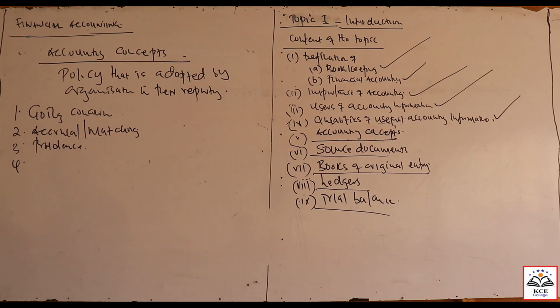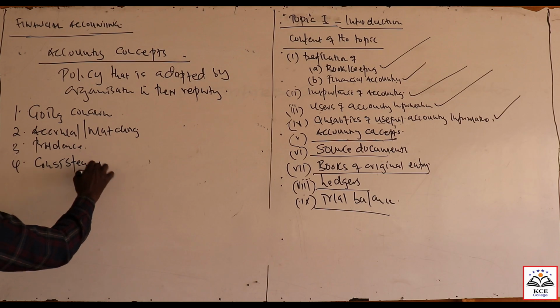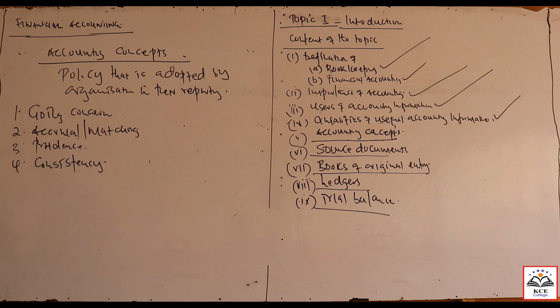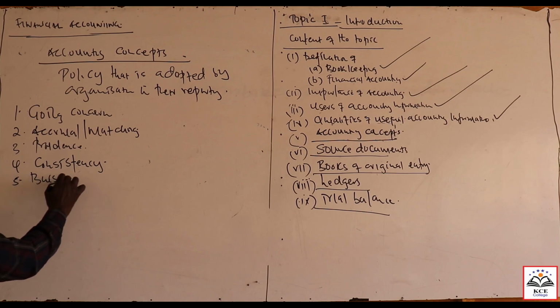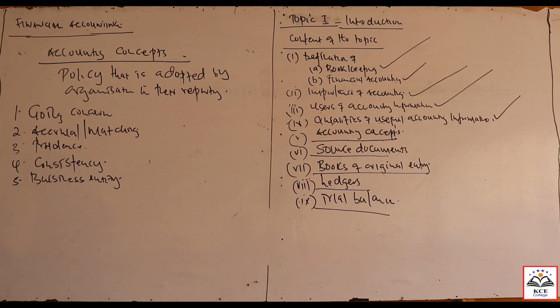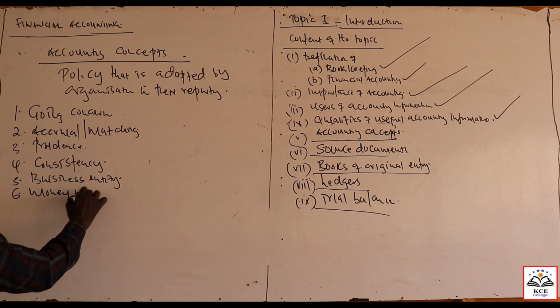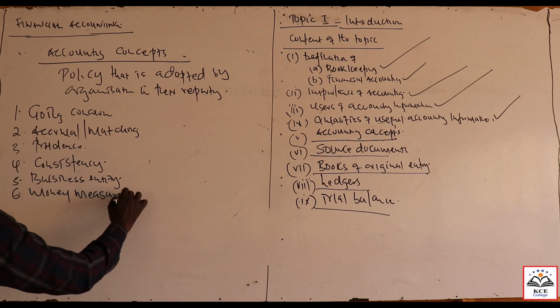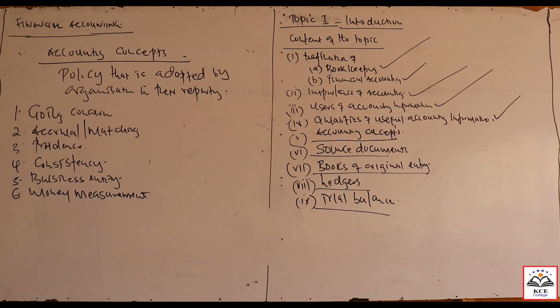Number 4, we have consistency. And number 5, we have business entity concept. Number 6, we have money measurement concept.